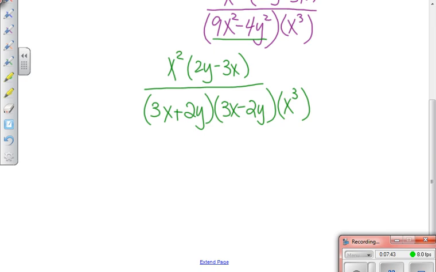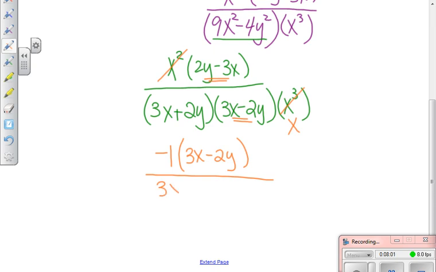Now, these two are almost the same, but I'm going to use that negative trick. X squared and x cubed cancel. If I factor out a negative in the numerator, I have negative 1 times 3x minus 2y. It just flips both signs, all over 3x plus 2y times 3x minus 2y.